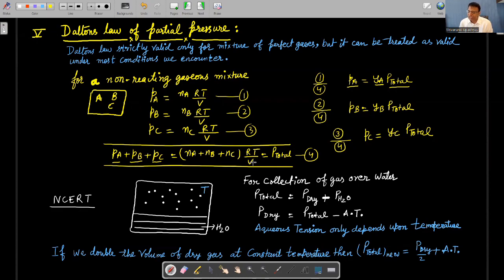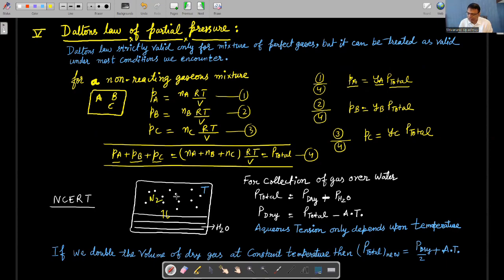So strictly speaking, we say that Dalton's law of partial pressure is valid for ideal gas, but we also use it for real gases in most cases. In NCERT they have given an example: collecting a gas over water. Water is a volatile substance, so water is there in gaseous state and a gas, suppose nitrogen gas, is here.